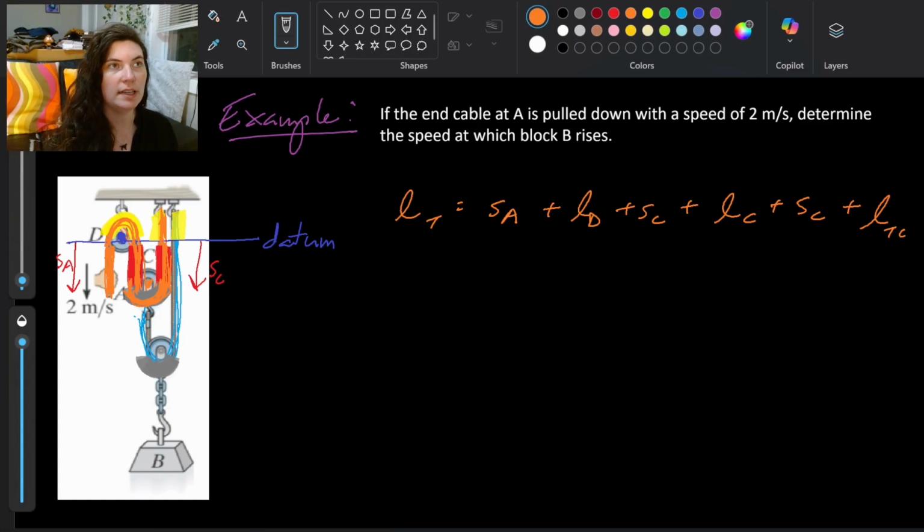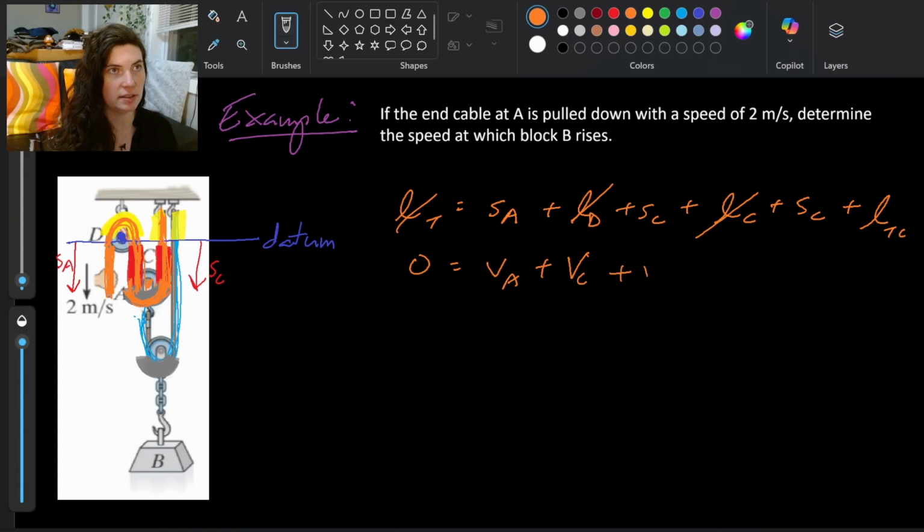So now, when I take the derivative of this to relate the speed, I take the derivative of everything. All of those constant lengths do not get a speed. They do not have velocity. They get 0. So 0 is VA plus VC. Other L, this L goes, this L goes.